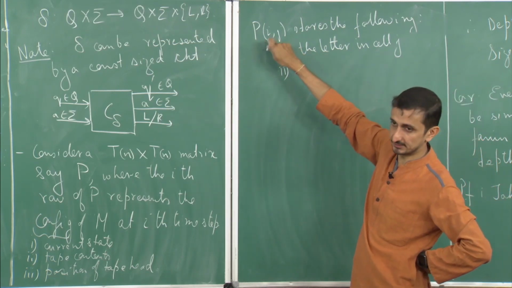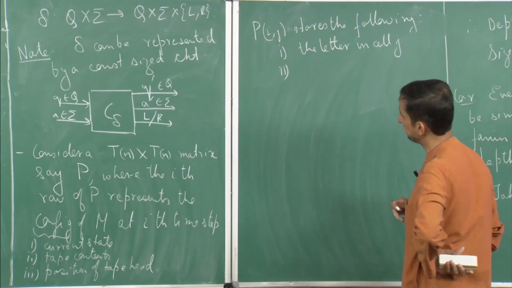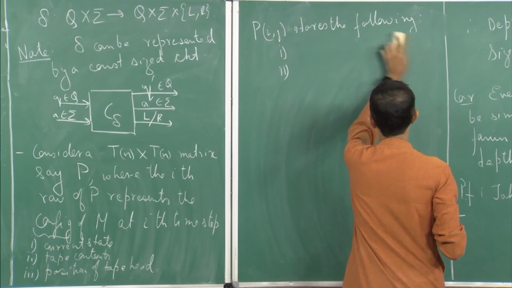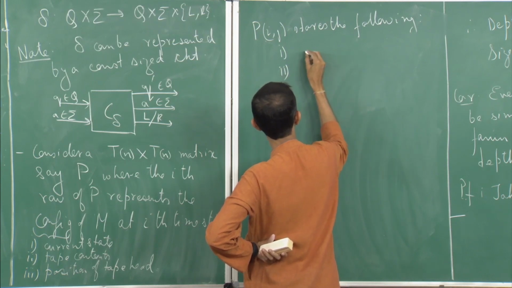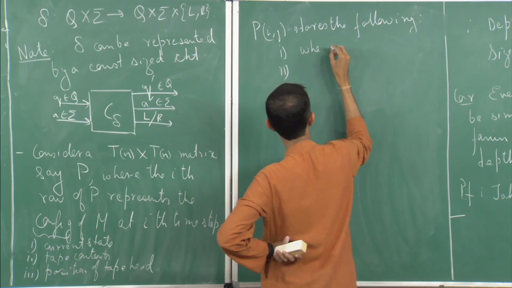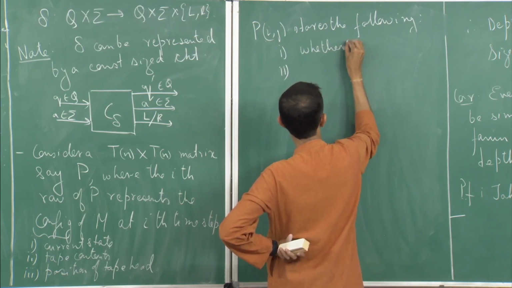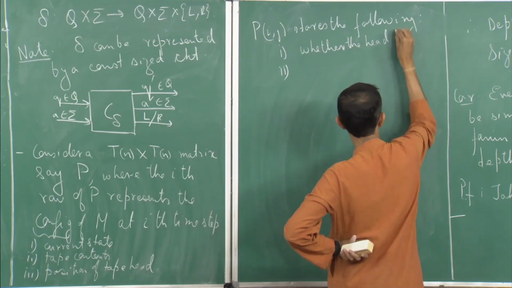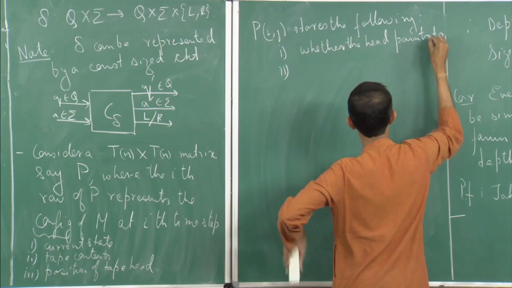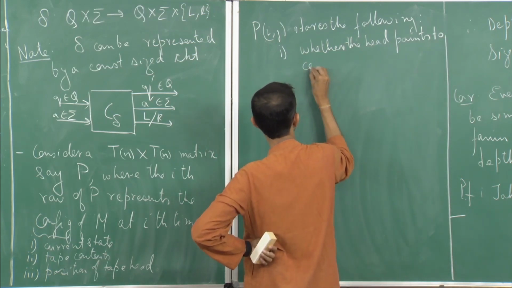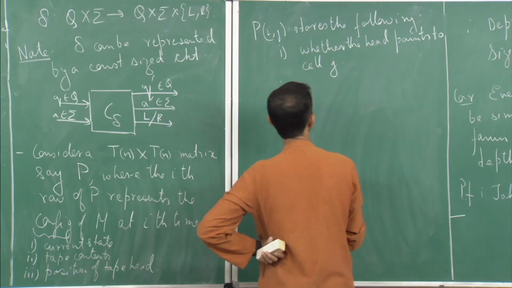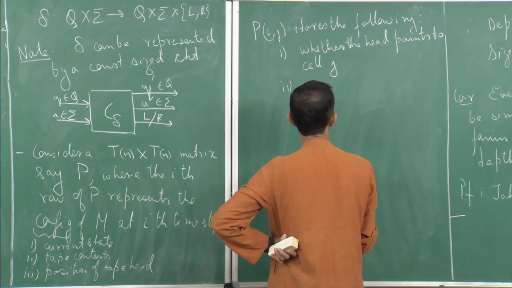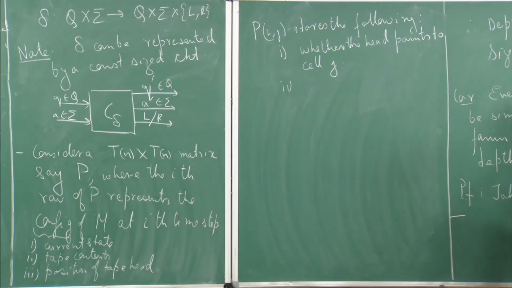I mean, I am just describing what the matrix is. Let me complete the description, it will be easier then. So, the first one will be whether the head points to cell J, so this I can call head present bit.